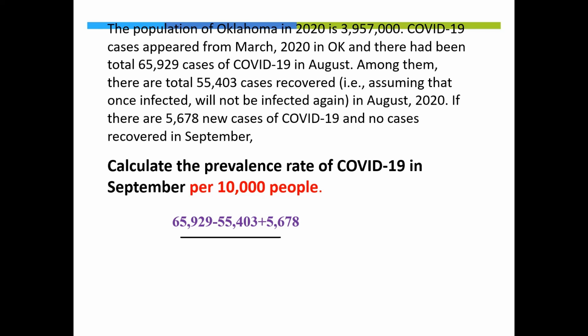Because they already recovered. Yes, that's correct. There is no more pre-existing case in September, right? So minus this and plus 5,678, and then over total population, and times 10,000.